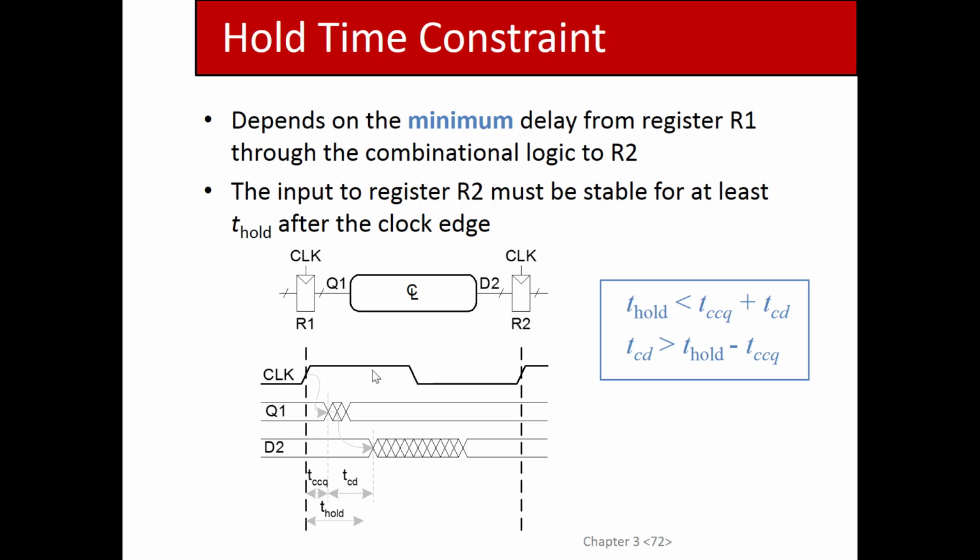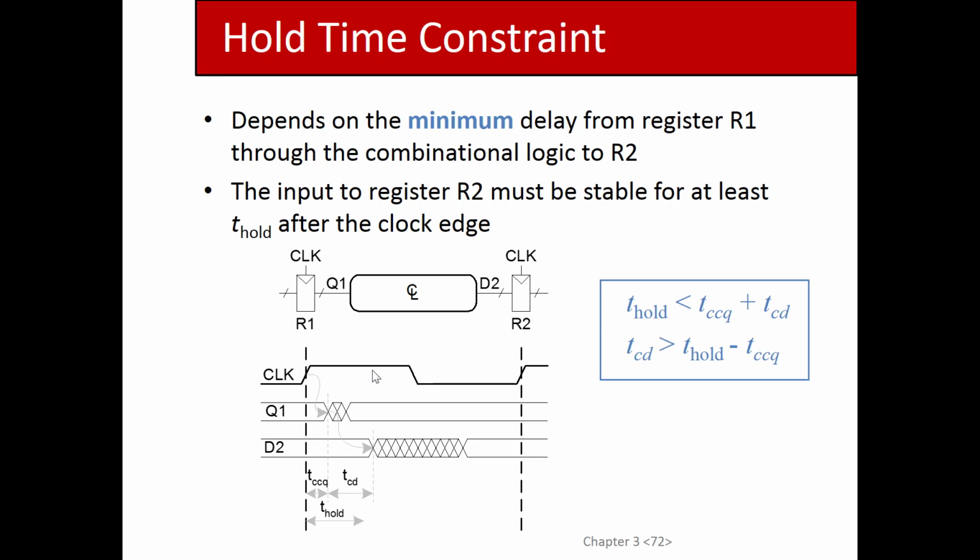So whatever the contamination delay of this plus this is, it must be slow enough that by the time that contamination propagates through here, the hold time of this guy is over. That's why the hold time has to be less than the contamination delay of everything that precedes this register, which is the source register plus the logic after it.